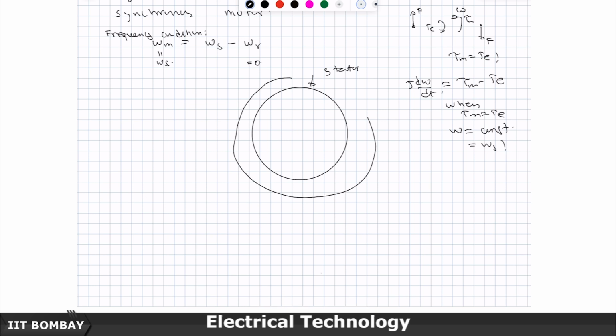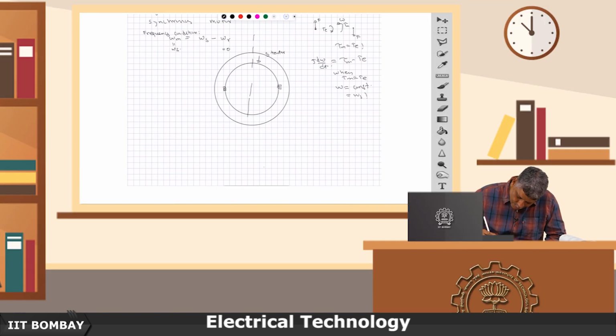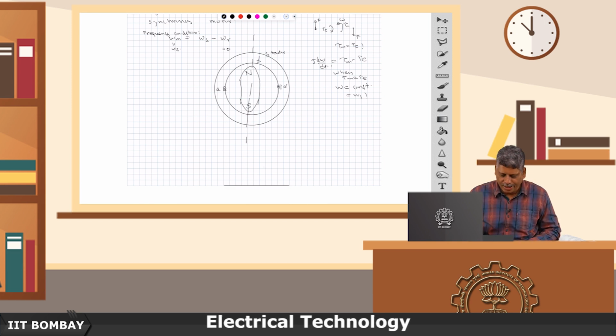I have created a notch here, and a winding is placed here, and this winding, let me call it A dash, and I have a magnet with a tapered pole face, north south. Actually, its width is more than what I have drawn.